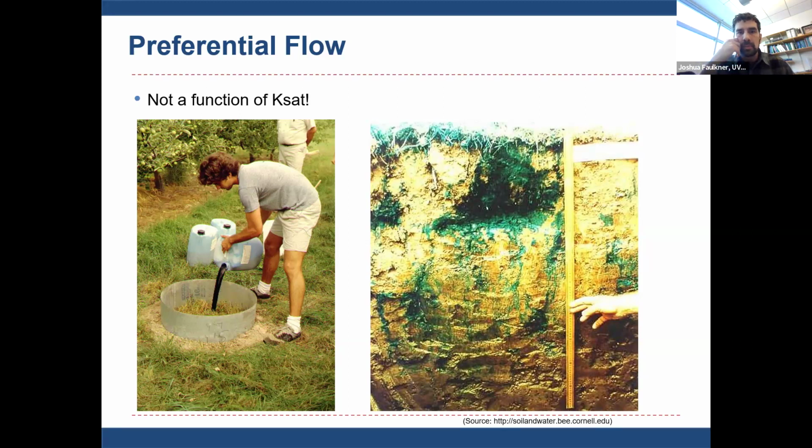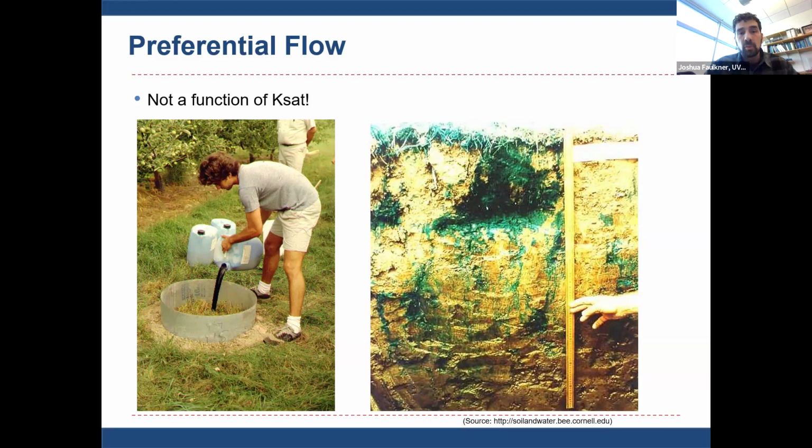This is an image from my old lab at Cornell before my time, but when some of the first work was being done on preferential flow, they would take a ring, and this is in the orchards off campus there, and they would pour dyed water into that infiltration ring and then excavate with a backhoe. And you would expect to see this kind of even front of water moving downward, where the dye covered all the soil as it moves down through the profile.